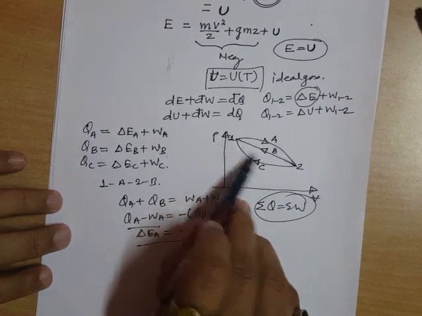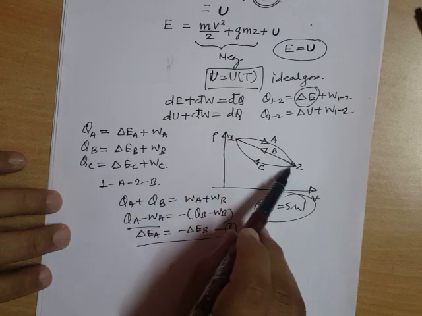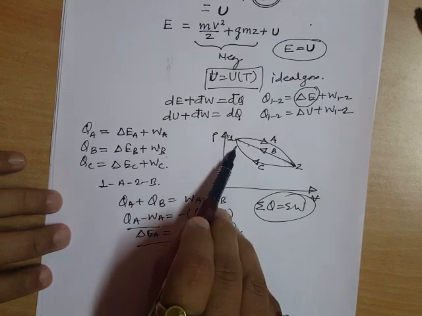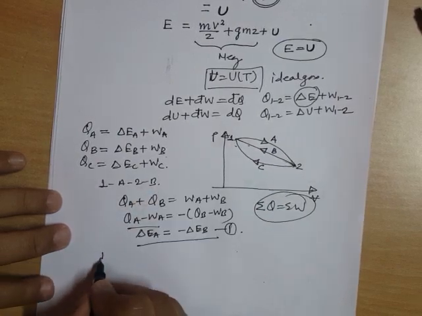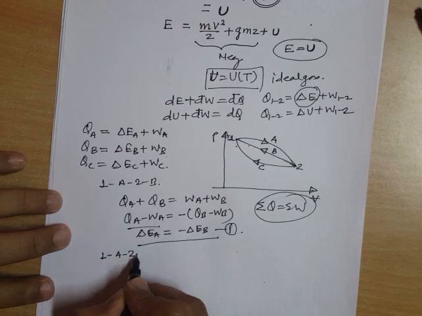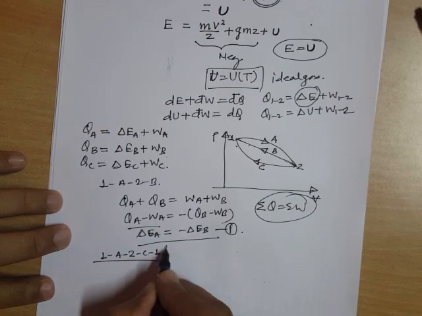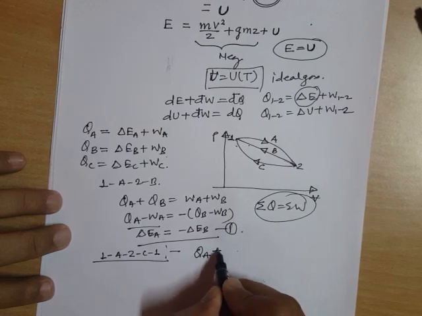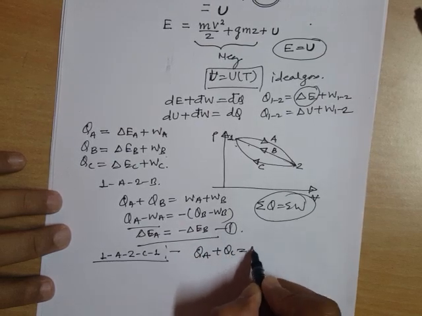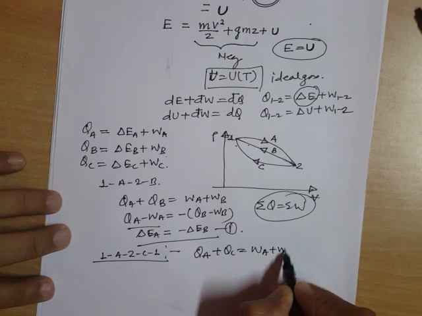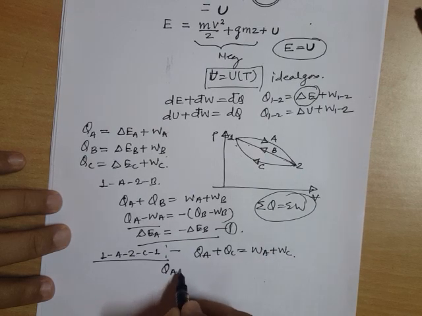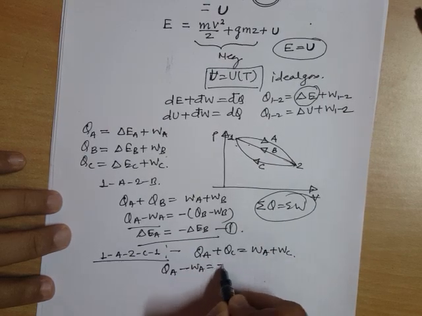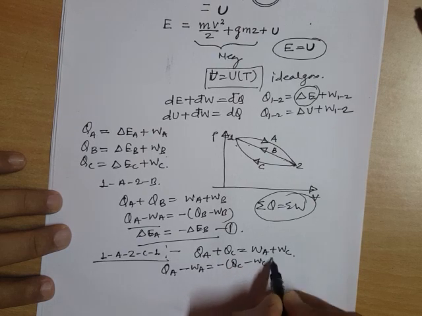Now if I consider that instead of path B, the system is coming back by path C, that is, I am talking of cycle 1A2C1, then I can write the first law: net heat transfer QA plus QC is equal to net work done WA plus WC. So I can write QA minus WA is equal to minus (QC minus WC).